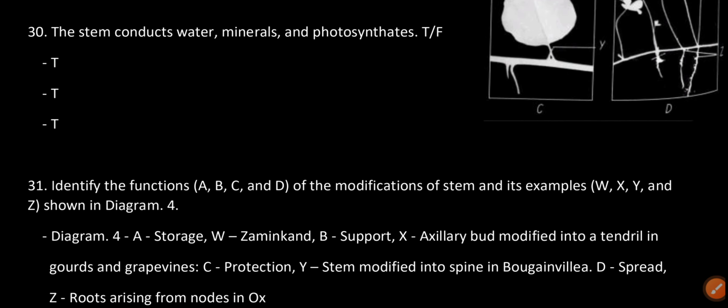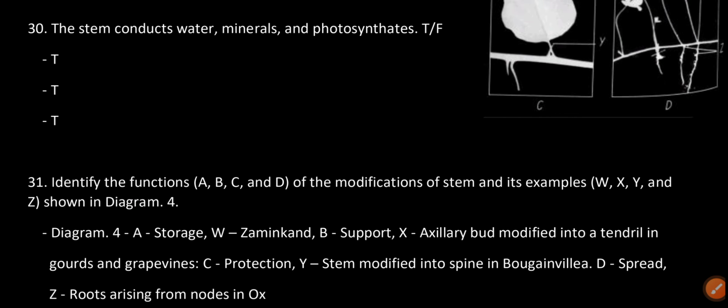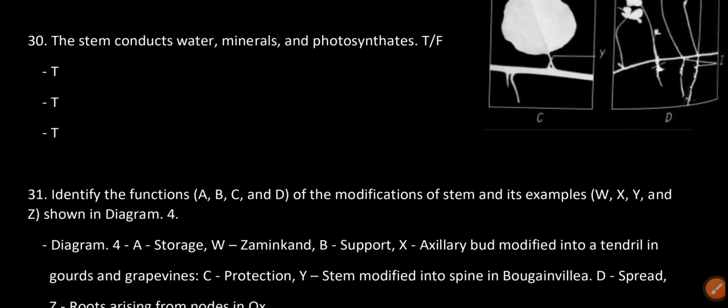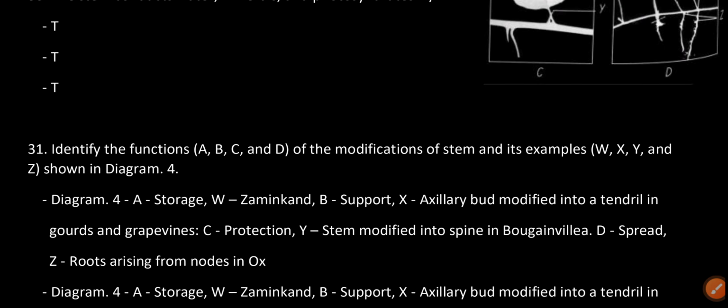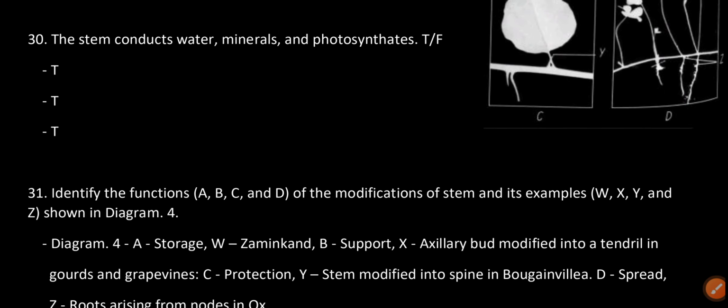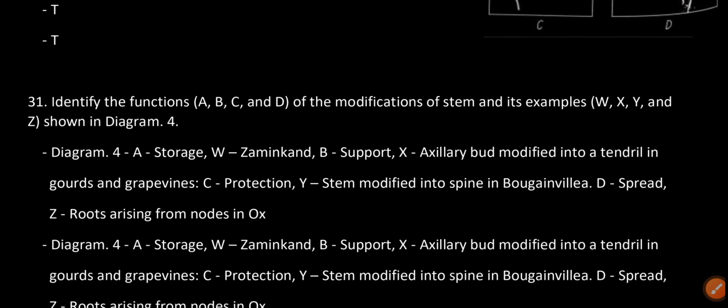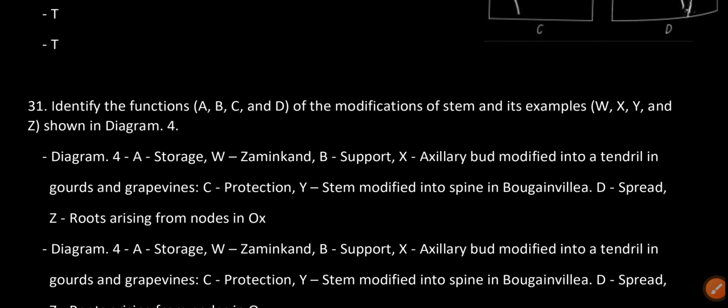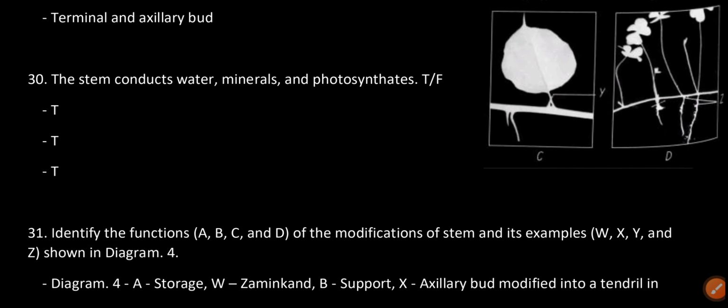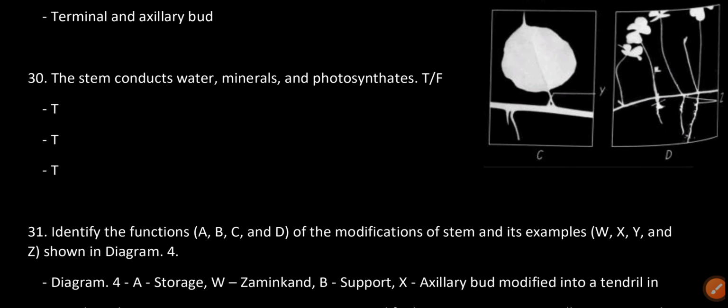C is protection. Y is stem modified into spine in bougainvillea. D is spread, and Z is roots arising from nodes in oxalis.